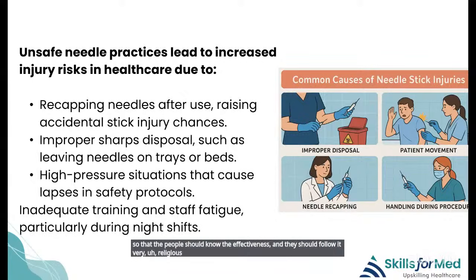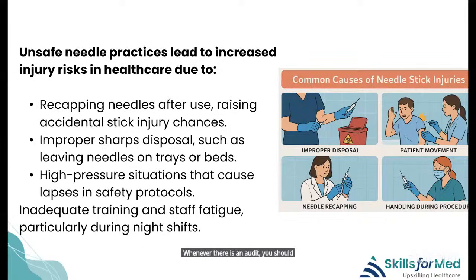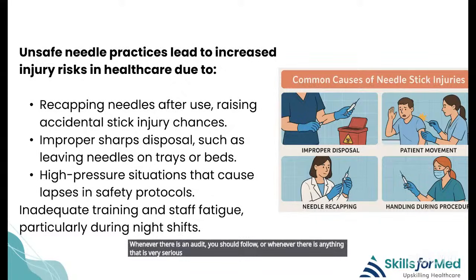As I told in the starting, it's about a safety culture. It's not only when the ICN is coming that you have to follow. Whenever there is an audit, or anything very serious, you should follow. You should always follow the protocols and procedures to avoid such incidents.